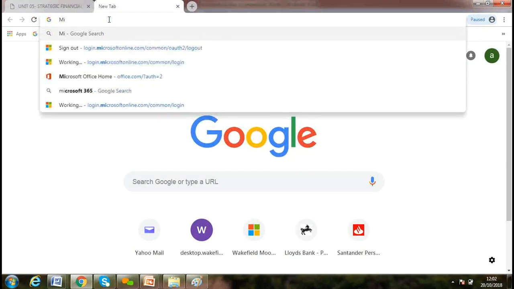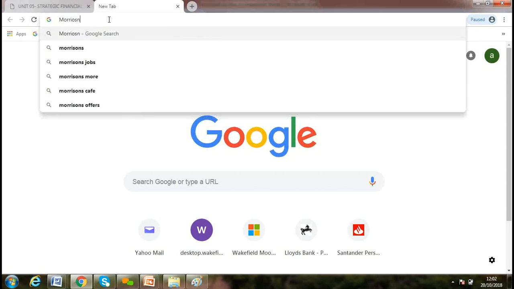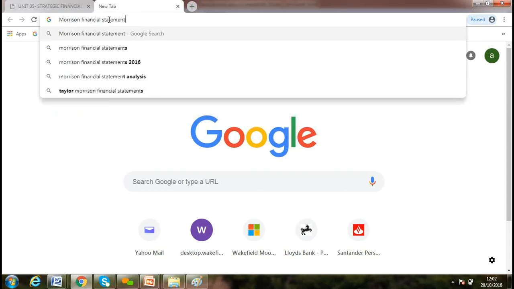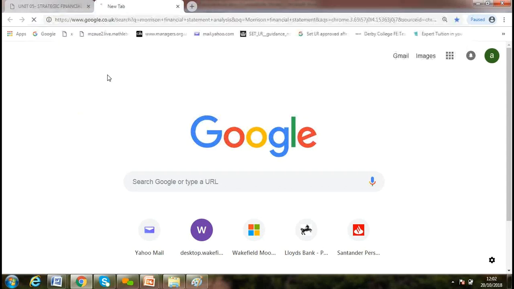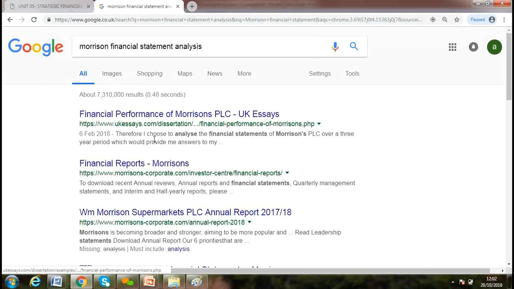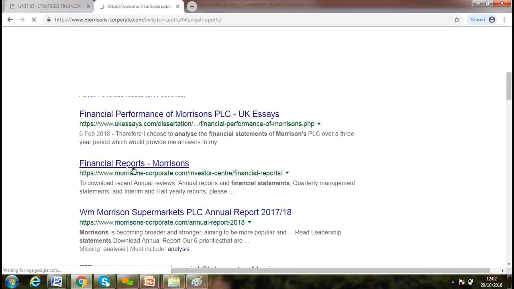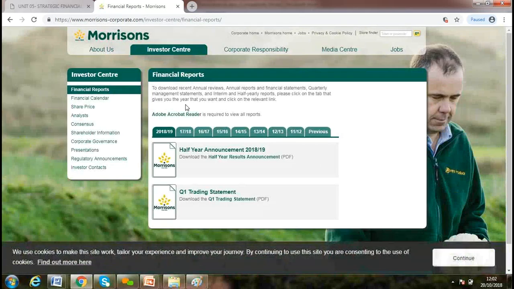If I go online and try to find Morrison financial statements, or just financial analysis, you will see their financial ratios, given quarterly or yearly.